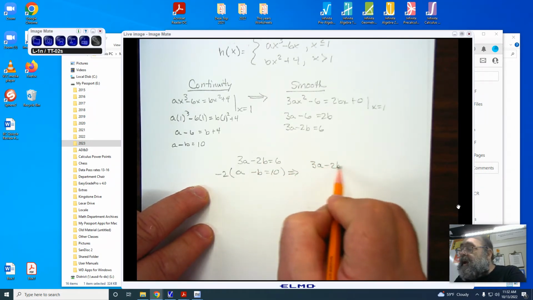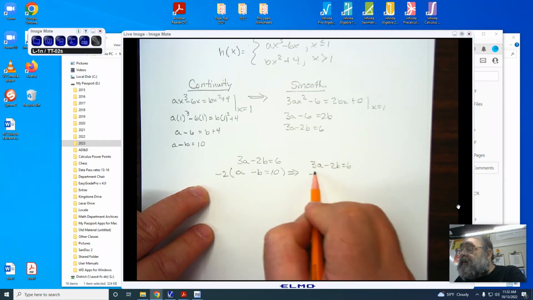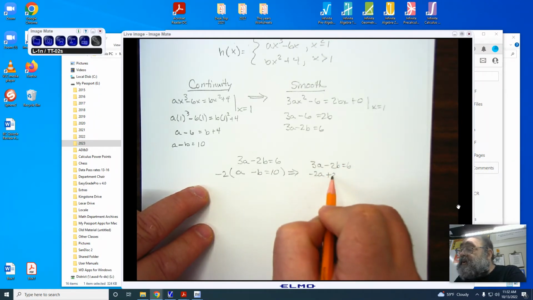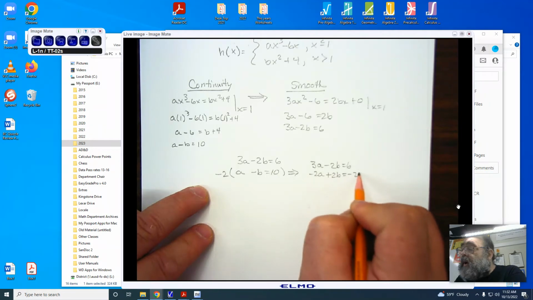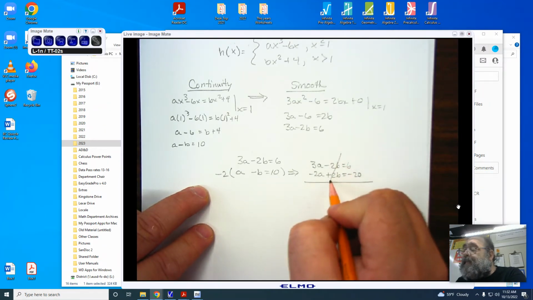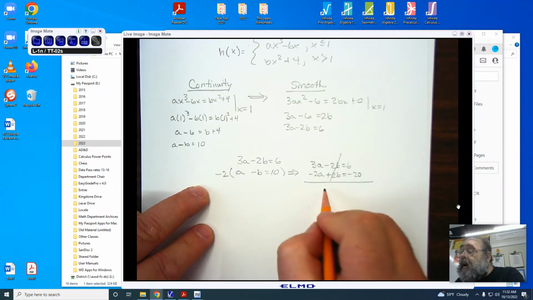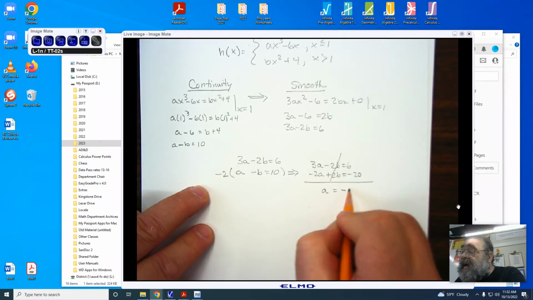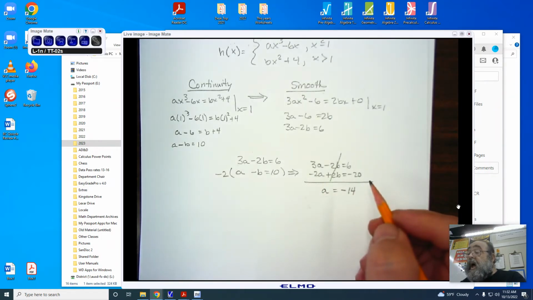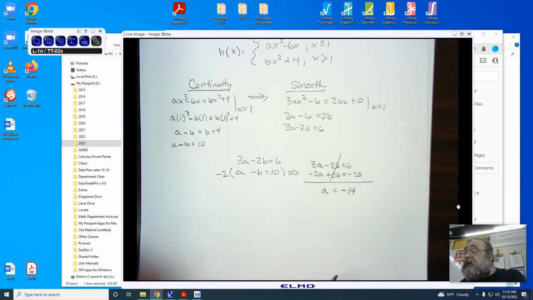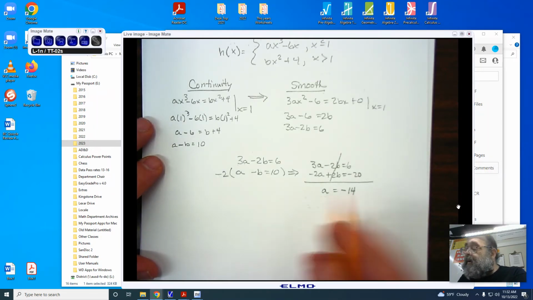3a minus 2b equals 6. I end up with negative 2a plus 2b equals negative 20. Because the b's are opposite, they cancel, and I'm looking at a equals negative 14. I'm now going to do my substitution method. So I'm going to take this value.